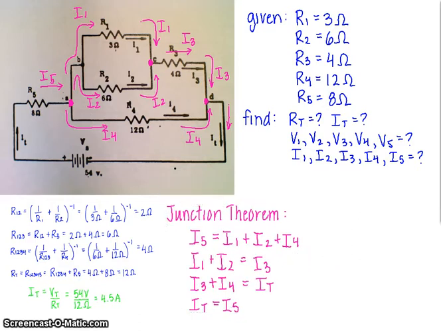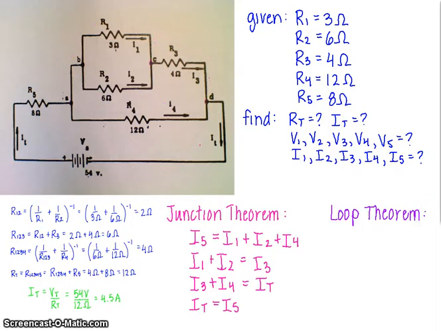Now we want to take a look at our equations from the loop theorem. To apply the loop theorem, we have to be able to trace the paths of conduction, and for this circuit there are several. So we can go from the battery through this path of conduction, and at this point where we get to the junction, we can choose several different ways to go to create a closed loop, a complete path of conduction.